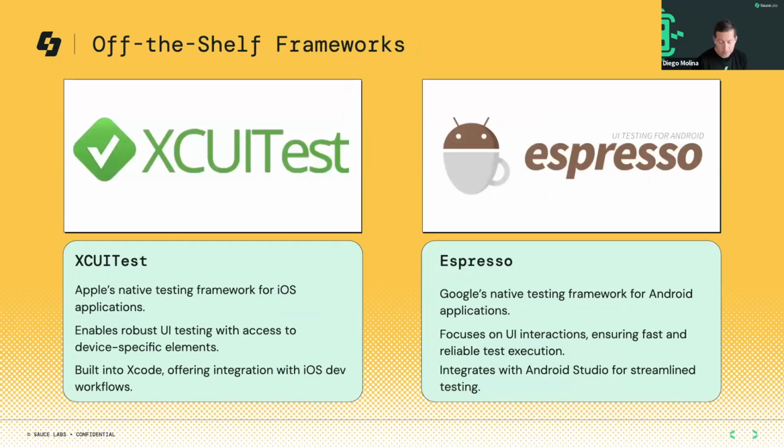To start wrapping up, the two frameworks that are not open source, well, Espresso is open source, but try to contribute to it and get into the Google ecosystem and all that. So XCUITest and Espresso, they are made for native applications in iOS and Android.